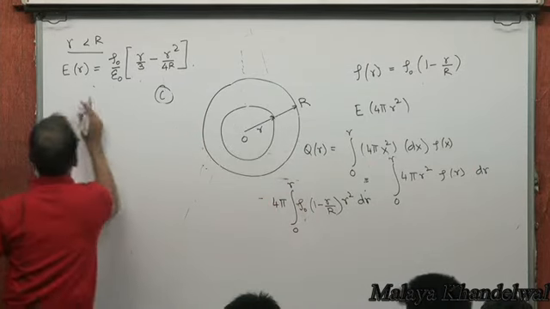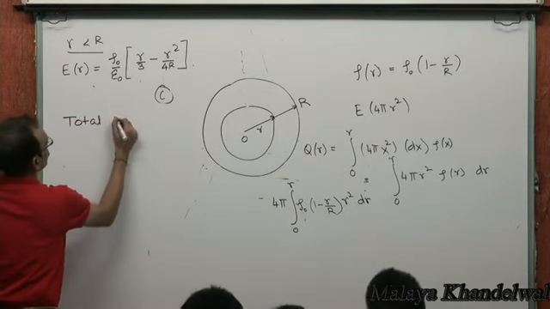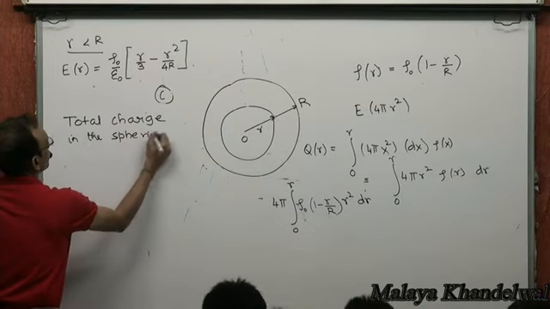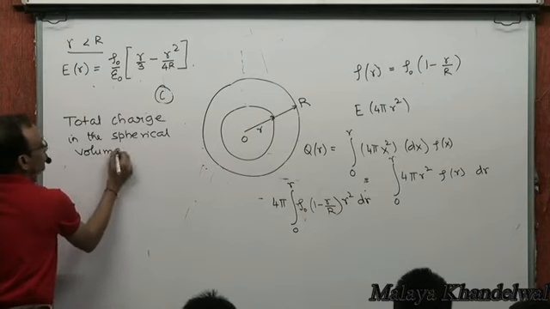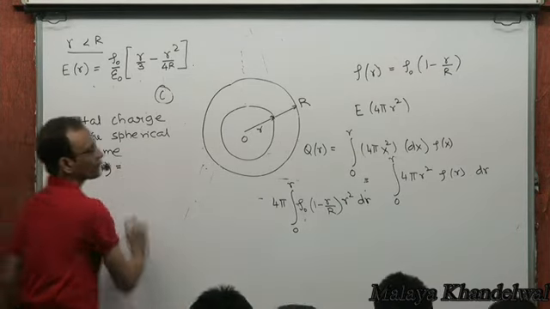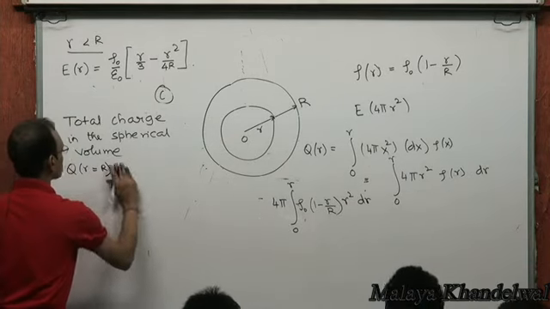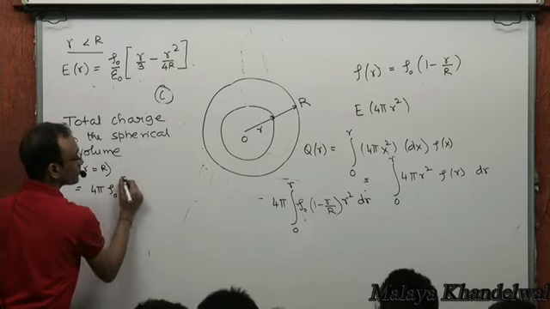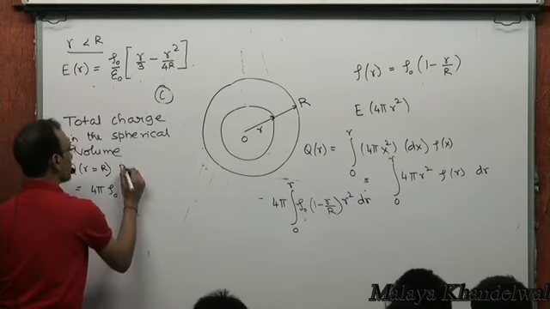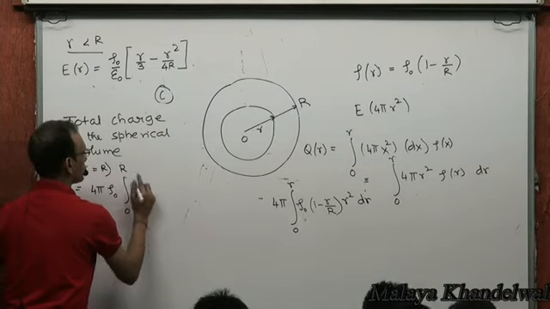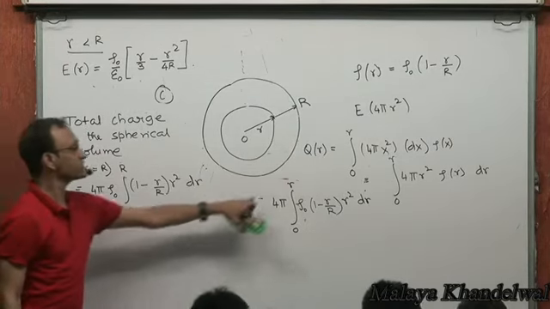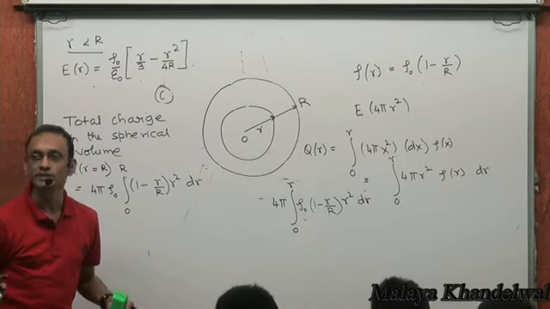So the total charge in the spherical volume would be Q at R equal to capital R, which is this expression: 4 pi rho naught into integral 0 to capital R of 1 minus r by capital R into r squared dr. Just replace small r by capital R, you will get the total charge inside this entire sphere, right?